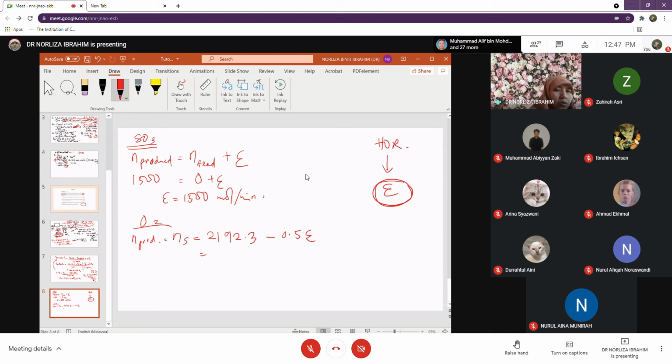So what will be the oxygen left? Minus 0.5 times 1500 plus 2192.3. So you should get 1442.3 mole per minute of oxygen. Okay, so I guess we are done with the material balance.